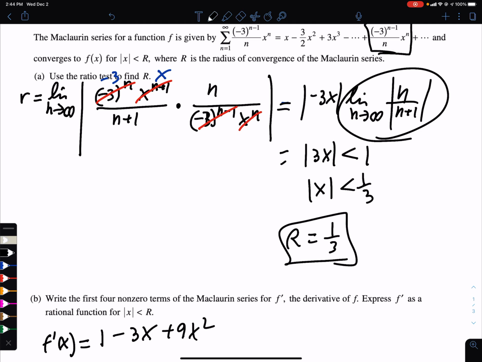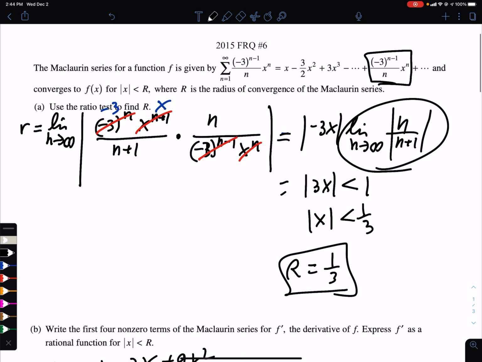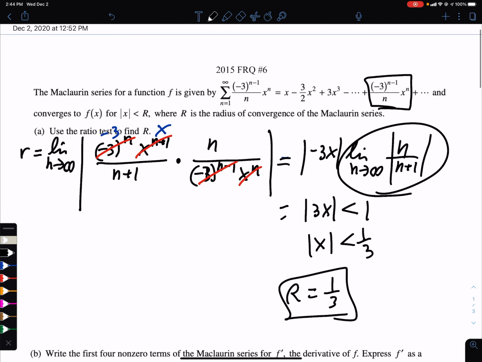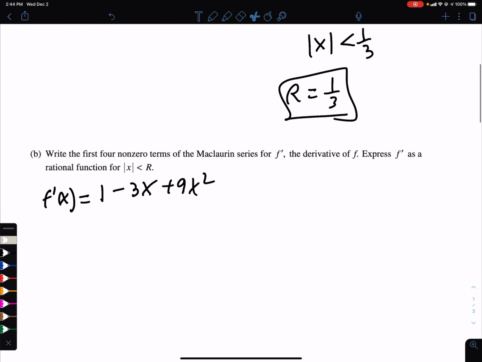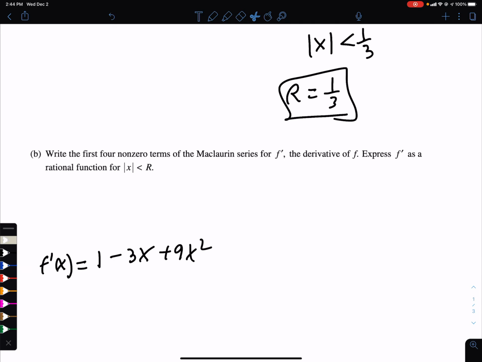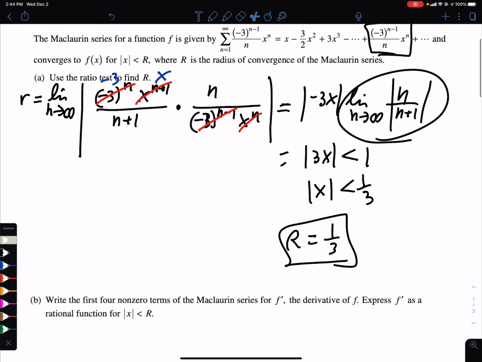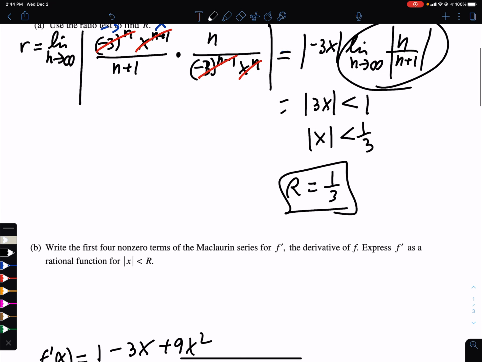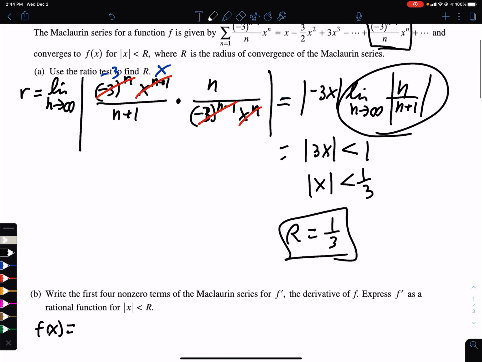And they want the first 4 terms, so I'm actually going to need to create more of this. Let me scoot this down, and I am going to take the original function and write it down. f of x is x minus 3 over 2 x squared plus 3x cubed minus, I want the next term.